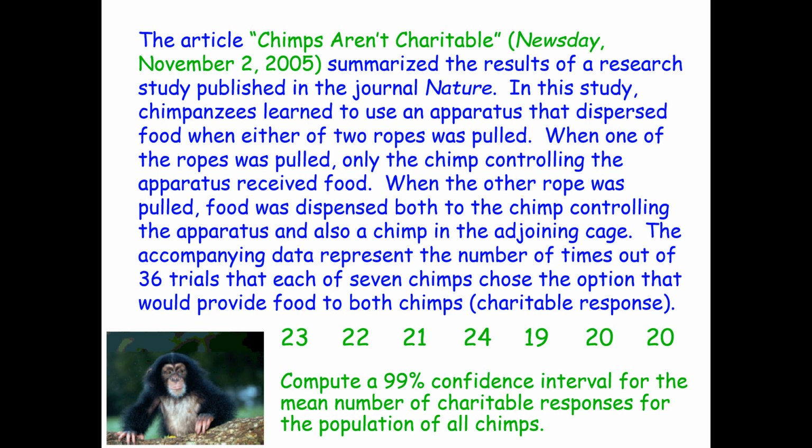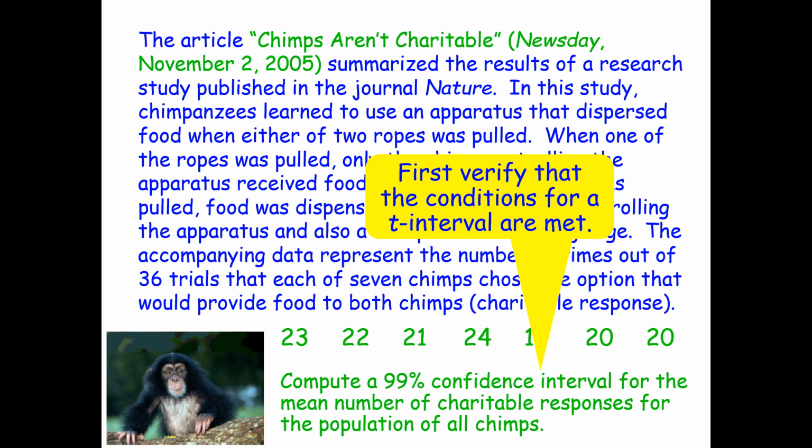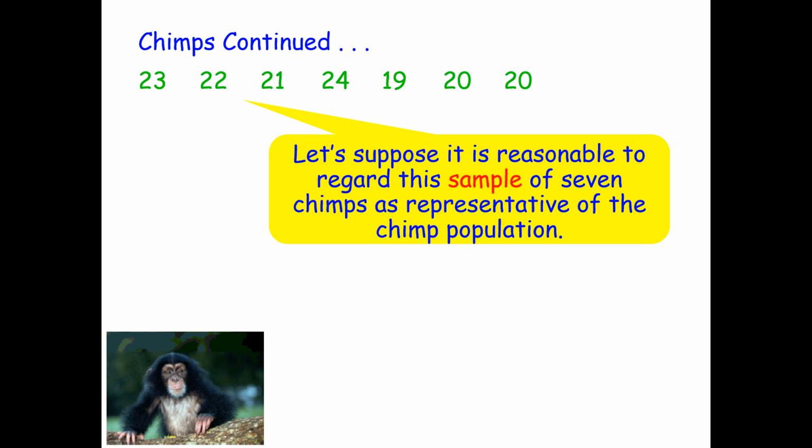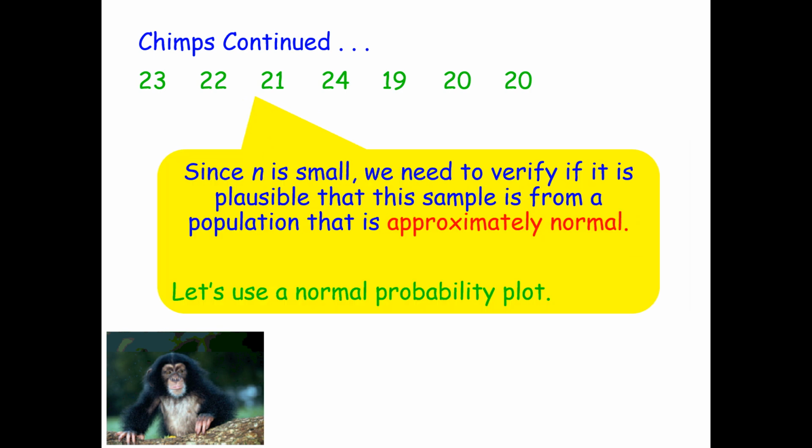So we're going to compute a 99% confidence interval for the mean number of charitable responses for the population of all chimps. So first we need to verify that the conditions for a t interval are met. So let's suppose it is reasonable to regard this sample of 7 chimps as representative of the chimp population.